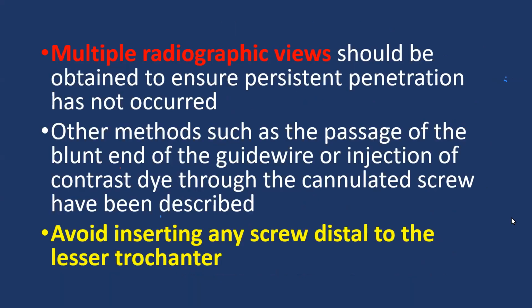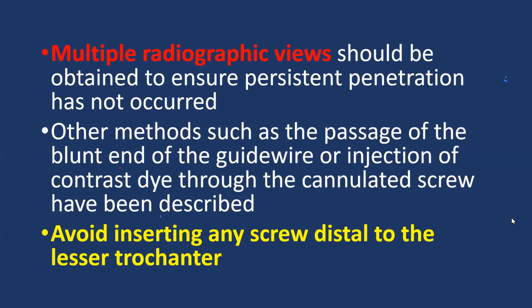Multiple radiographic views could be obtained to ensure persistent penetration has not occurred. Other methods, such as the passage of the blunt end of the guide wire or injection of contrast dye through the cannulated screw, have been described. Avoid inserting any screw distal to the lesser trochanter also.